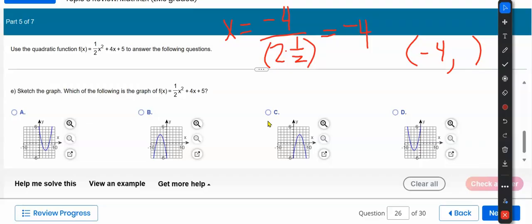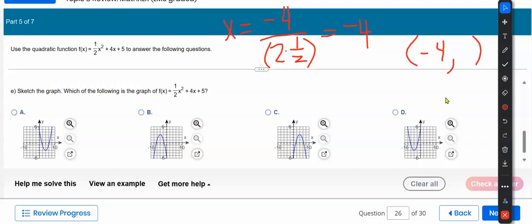All right, so which one of those pictures is it? Is it A or D? A or D? A. What does this -4 tell me? Does it tell me that the graph went to the left or to the right? Left.